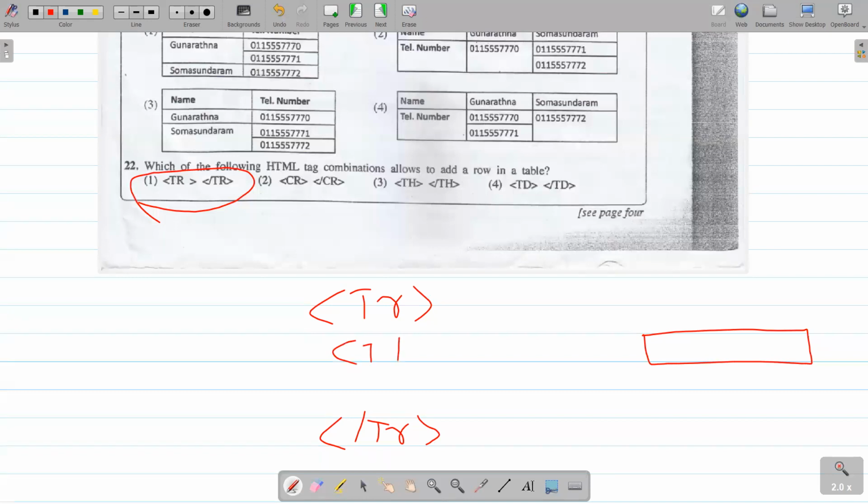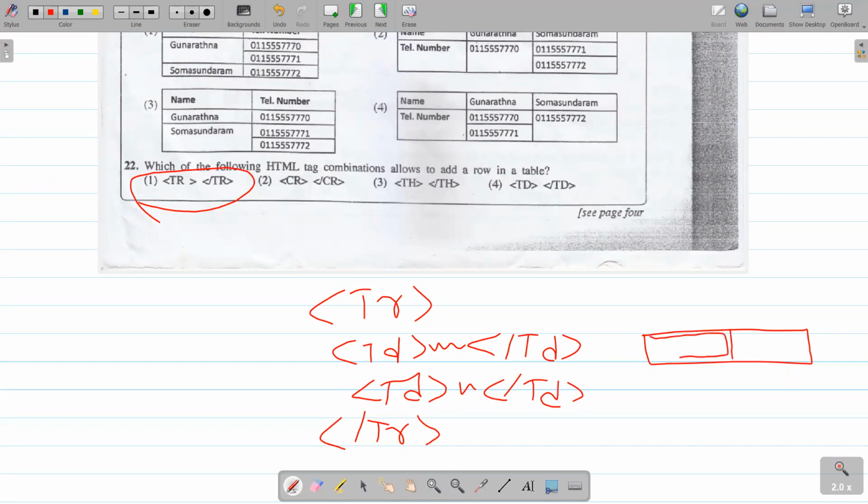If you put 2 TDs inside it, assuming there will be some content inside, it will create 2 cells. This is the way they are going to create it. Likewise. So it's the first one. TR is going to create a row in a table.